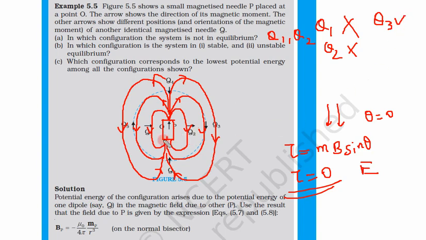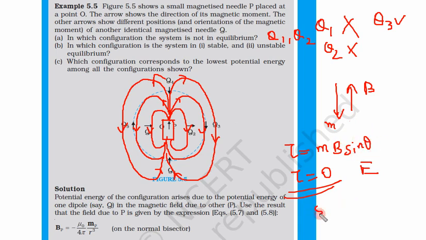Okay. Now let us see what is case of Q4. Q4 is downward, but magnetic field is going upward. So M is down, B is up. So what is angle? Angle is 180 degree.